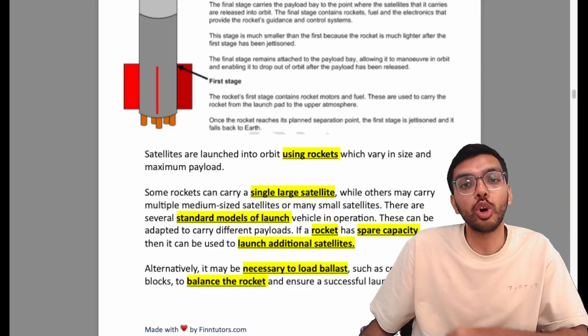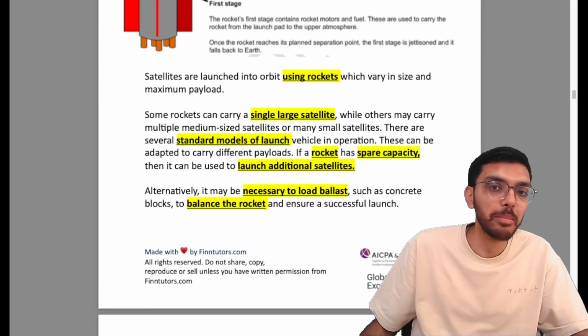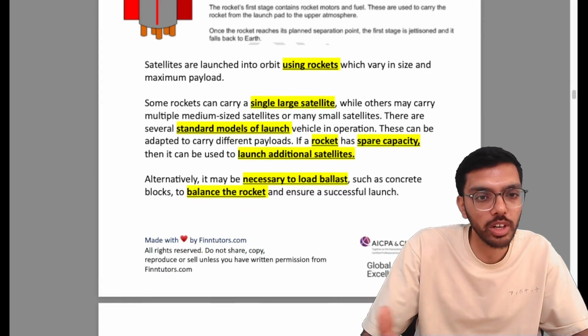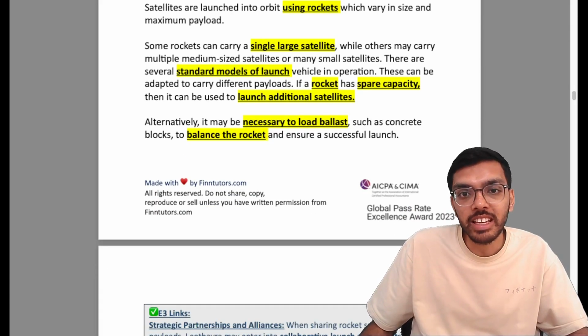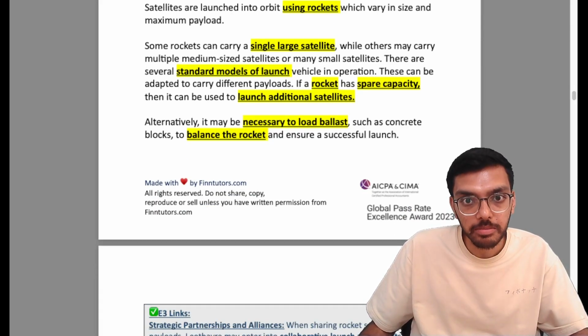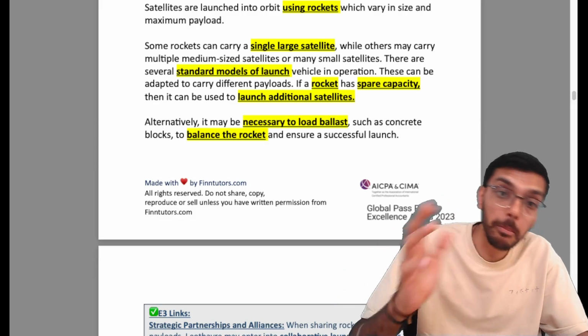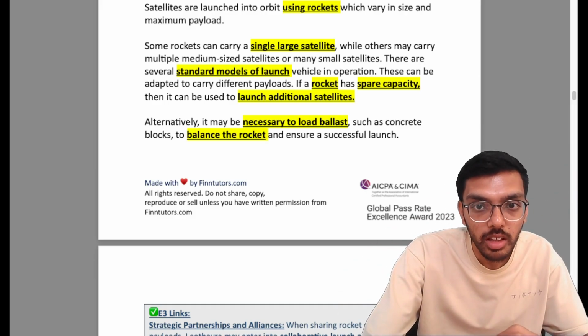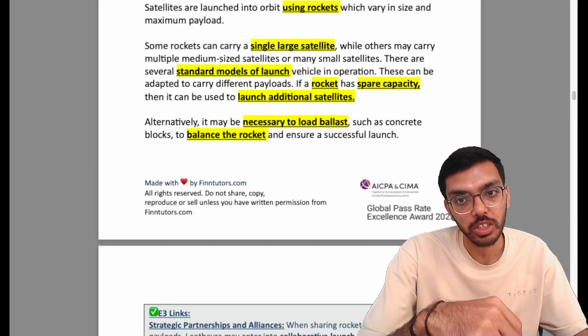So satellites are launched into orbit using rockets which vary in size and maximum payload. Different rockets can carry different payloads. Some rockets can carry a single large satellite, while others may carry multiple medium-sized satellites or many small satellites. There are several standard models of launch vehicle in operation.